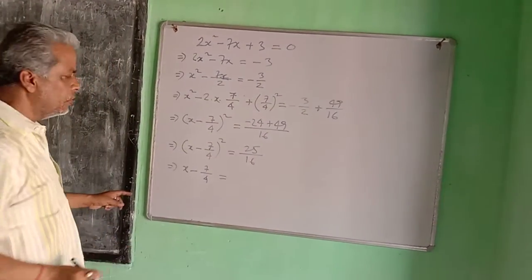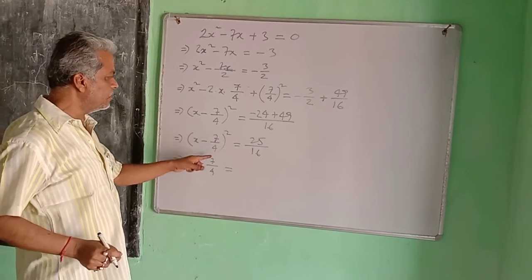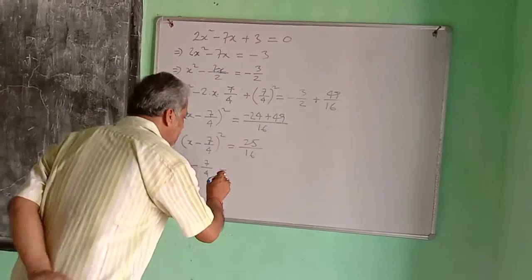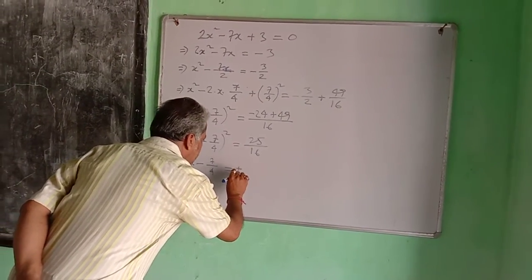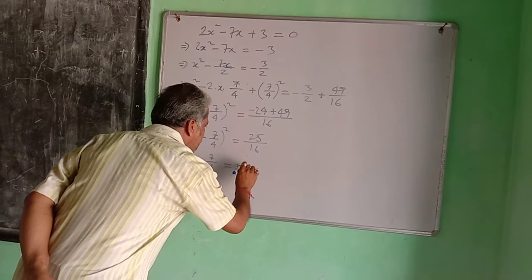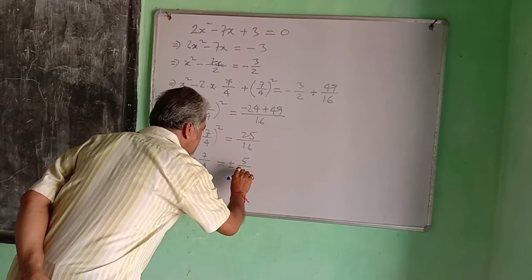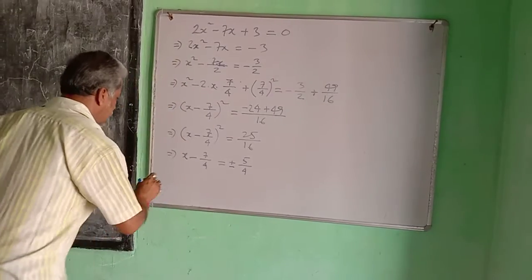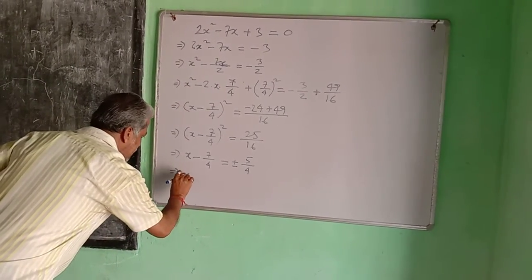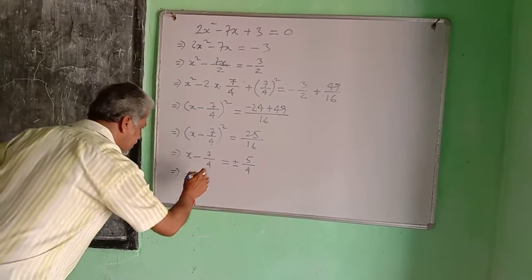On taking the square root, it becomes x minus 7 by 4. Square is eliminated. And on the right hand side, we get plus minus. Square root of 25 is 5 and square root of 16 is 4. Now, next step, transfer this constant to the right side.